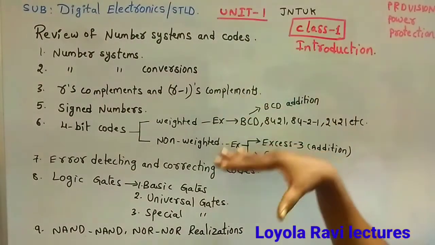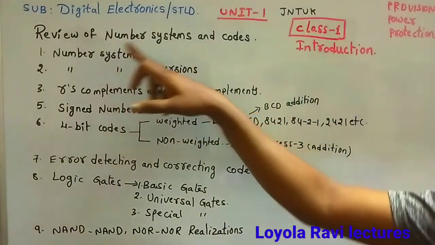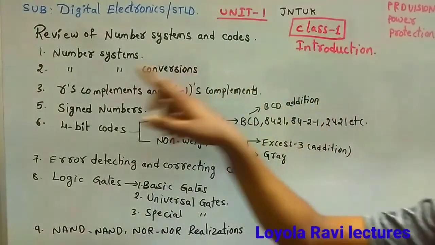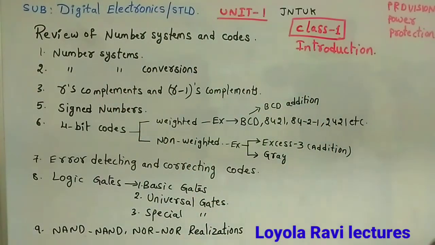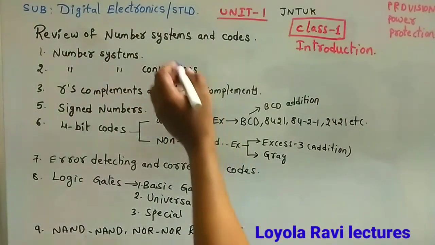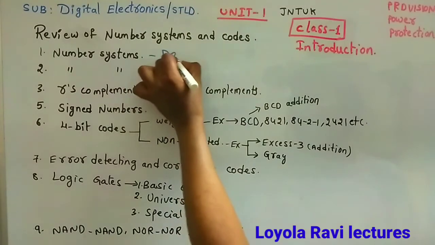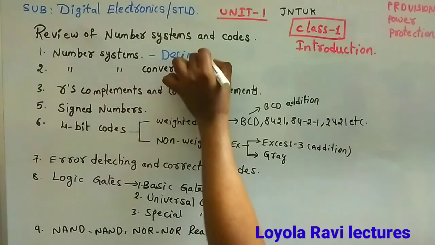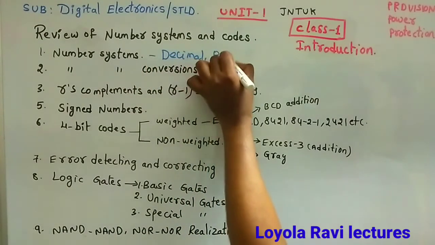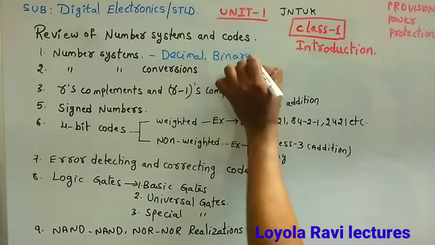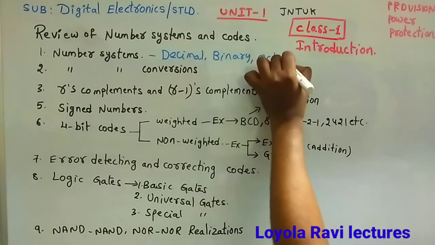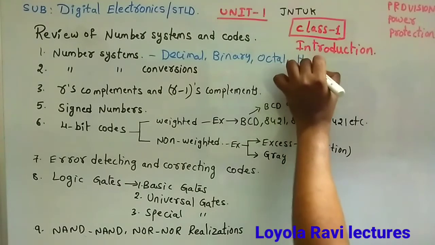In the first unit, review of number systems and codes, the first topic is number systems. What are the types of number systems available, what are the classifications? The first is the decimal number system, the second is the binary number system, the third is octal, and the last is hexadecimal.